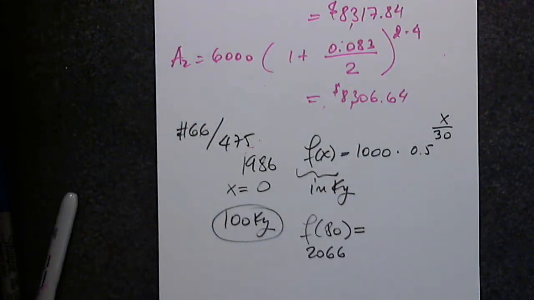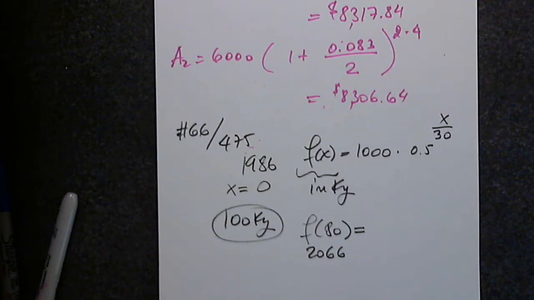All we have to do is just plug it in the calculator. It's just one number, so I don't need y equals. So clear. So we have 1,000 times 0.5 and the power in parentheses 80 divided by 30.